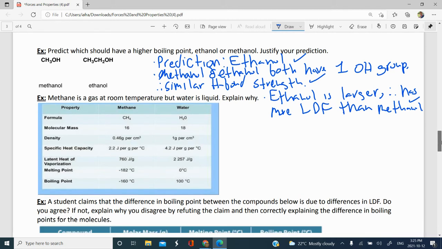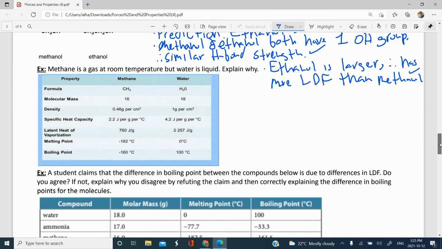And then we had this question here where we had methane is a gas at room temperature, but water is a liquid. Explain why. So essentially, what we want to notice is that, first of all, water has higher boiling point and melting point than methane.